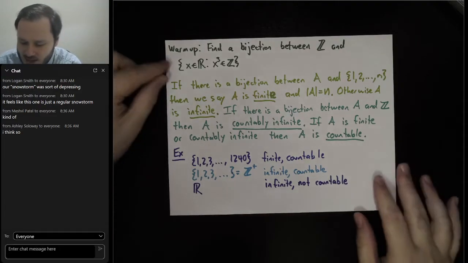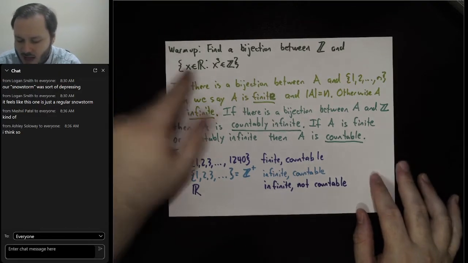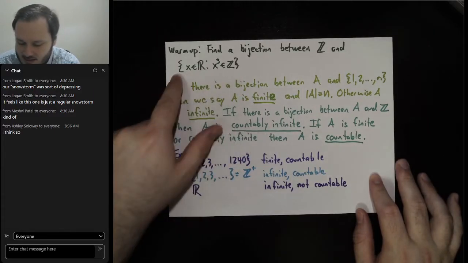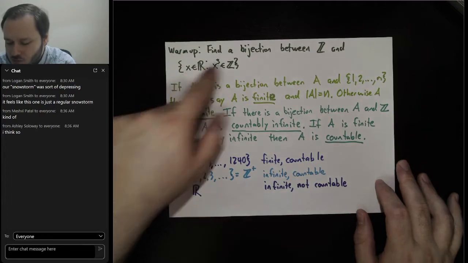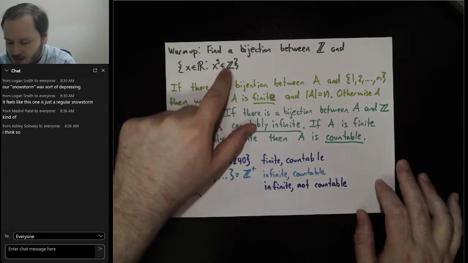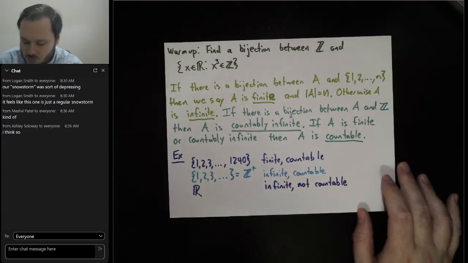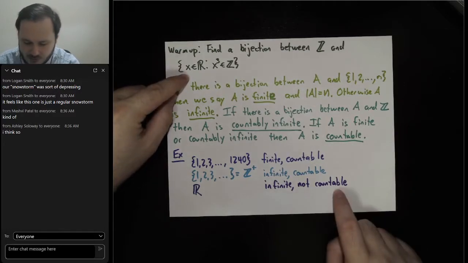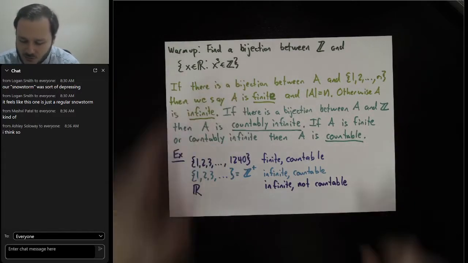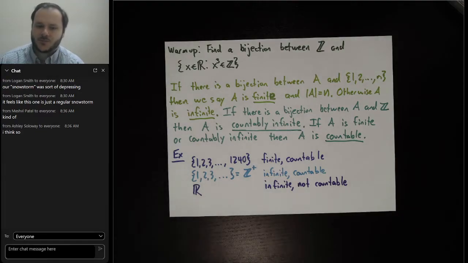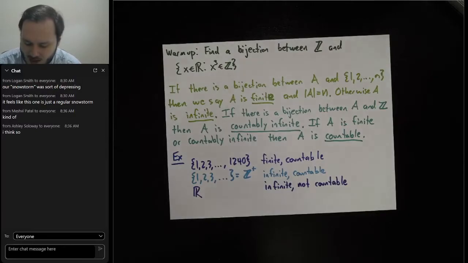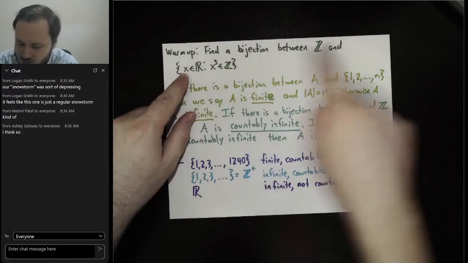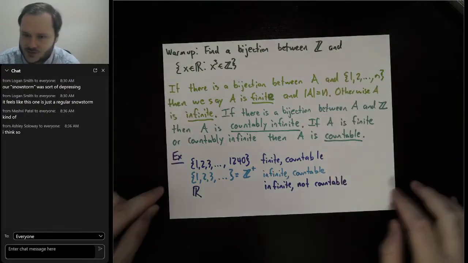So what are we saying then about this set? It's a set of real numbers, but if you cube them, you get an integer. So the real numbers we know are not countable, but I'm not taking all the real numbers, I'm just taking some of them. And this subset I'm claiming is countable. I'm claiming I can find a bijection between this subset of the real numbers and the integers.